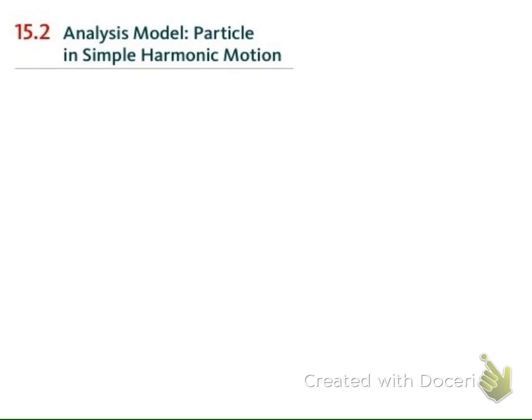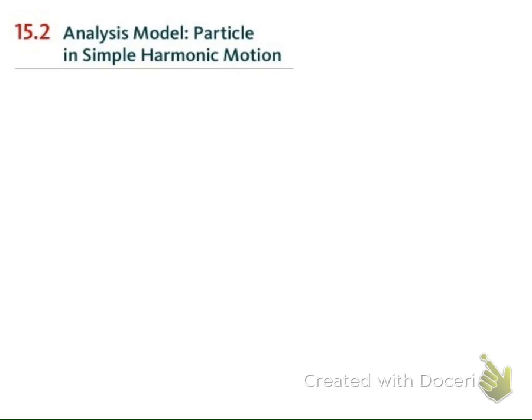We are now looking at the mathematical description of simple harmonic motion. Again, when we want to analyze the motion, we have to start from the force acting on the object.